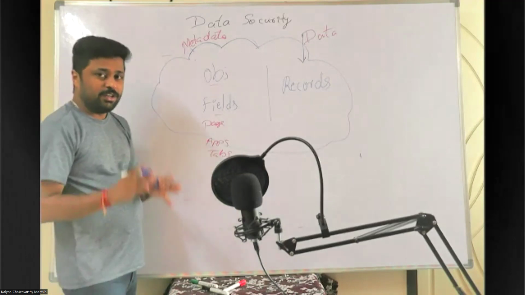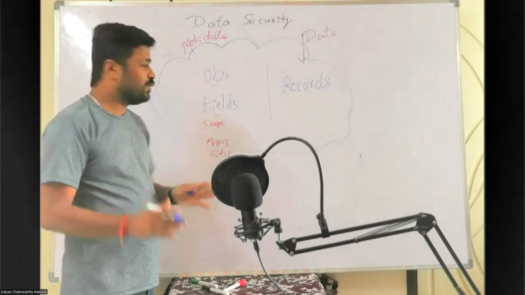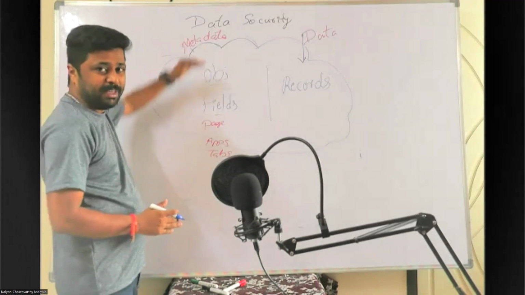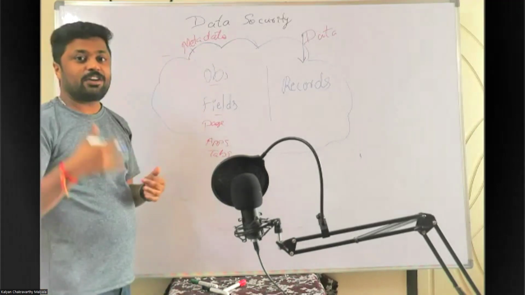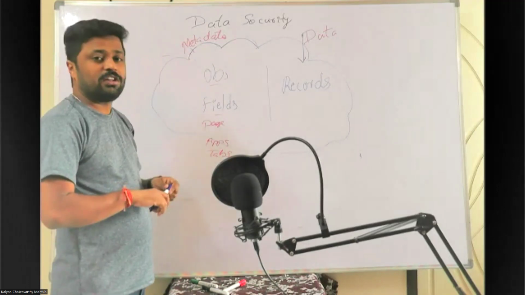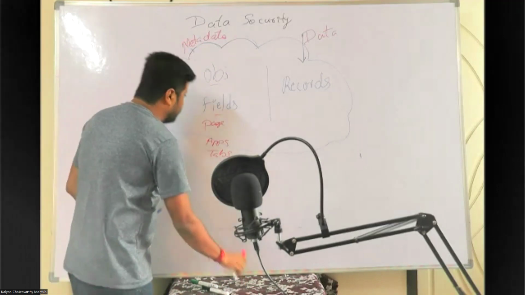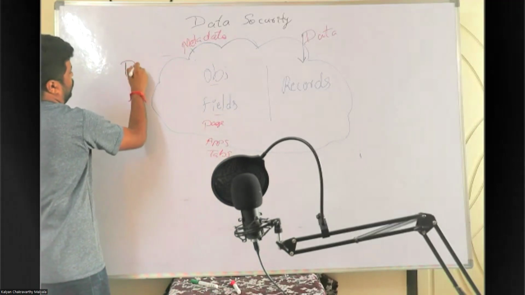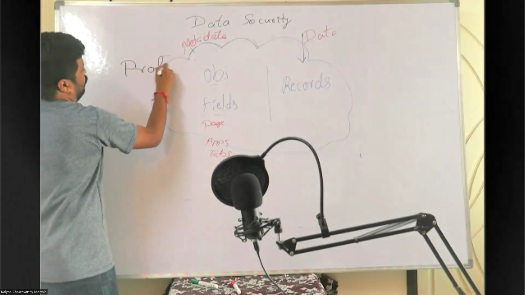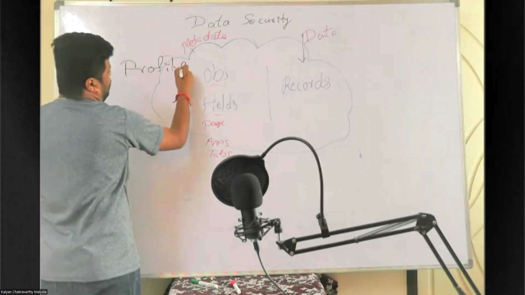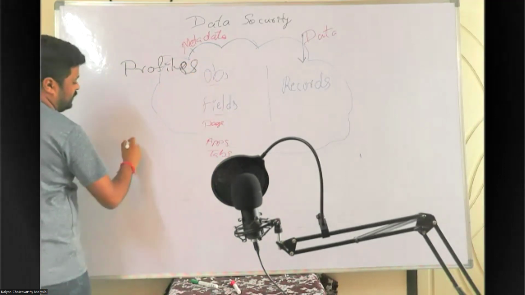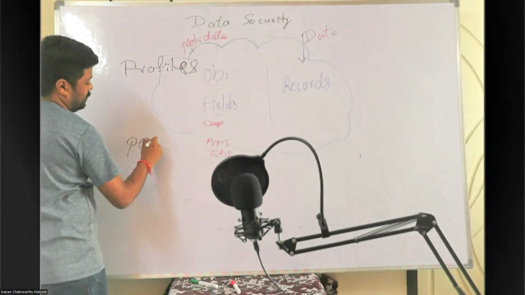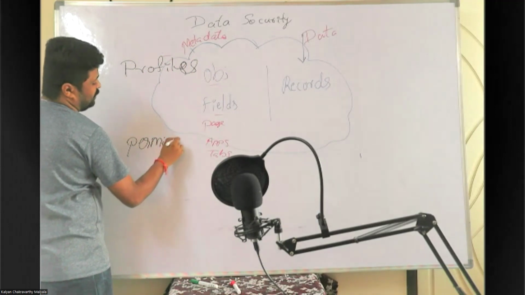If you want to restrict the user on these things, the metadata, then the concept we have to learn and use is profiles. Okay, profiles, and we'll see in depth again. Profiles and permission sets.